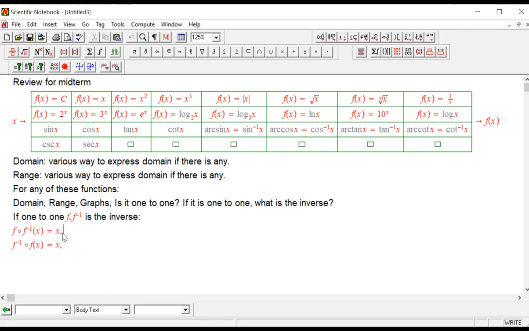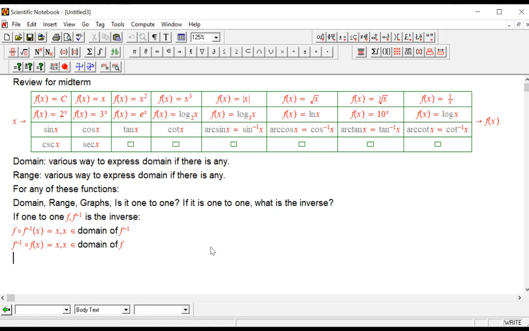So these x's, even though they have the same name, are merely placeholders. X should belong to the domain of the function that is applied to x first, so in this case, it will be f inverse. And the next one, this property is used multiple times. In the second identity, x is going to be from the domain of f.